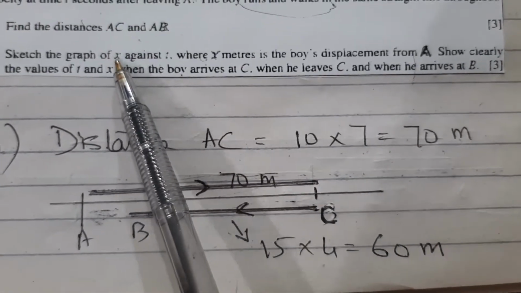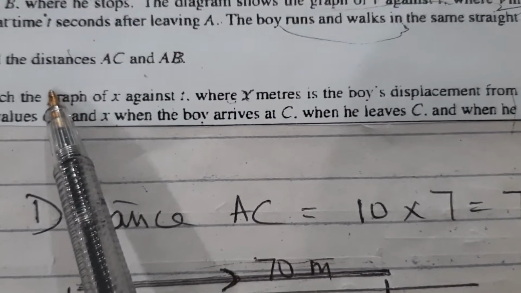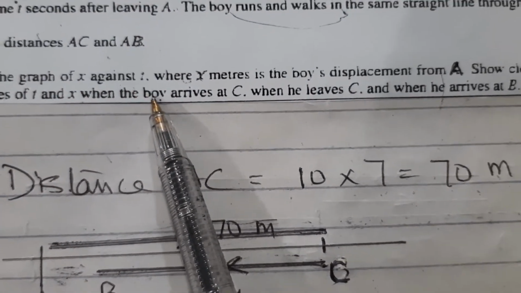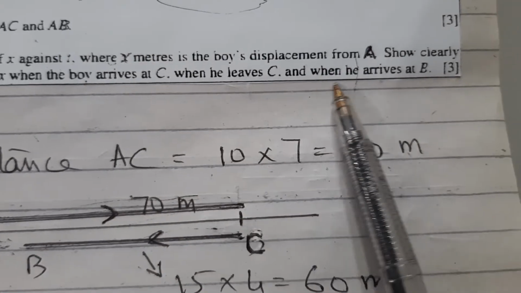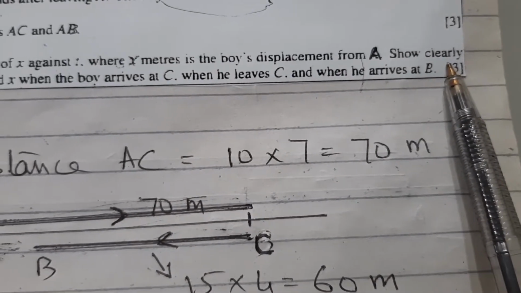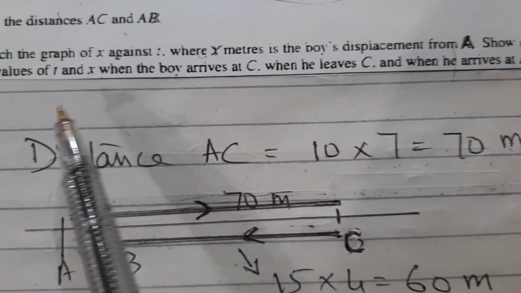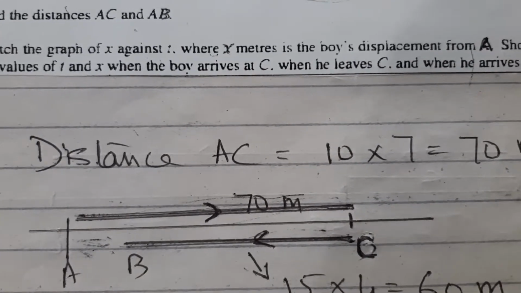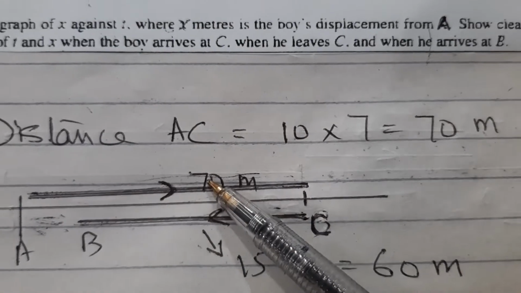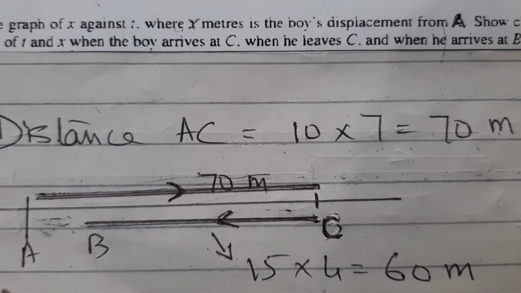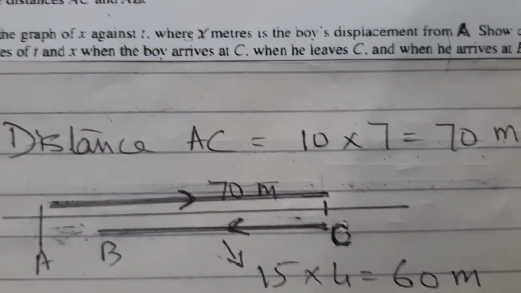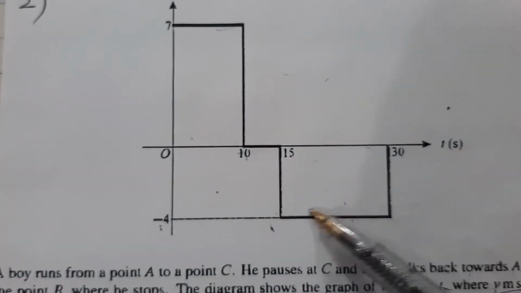And the last part of the question is saying, sketch the displacement time graph for the same velocity time graph. The rest is all same information. It is saying show clearly the values of t and x, meaning the distances. So you have to show very clearly where 70 is coming, where 60 is coming, where 10 is coming on the displacement time graph. So let's see. So now keep this graph in your mind.